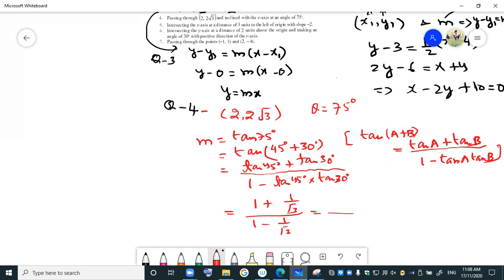Taking LCM, this will become (root 3 plus 1) by root 3 in the numerator, and similarly in the denominator (root 3 minus 1) by root 3, and this root 3 and root 3 will cancel. We get (root 3 plus 1) upon (root 3 minus 1).